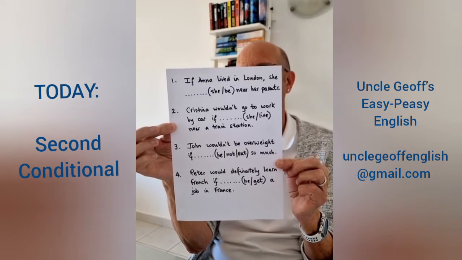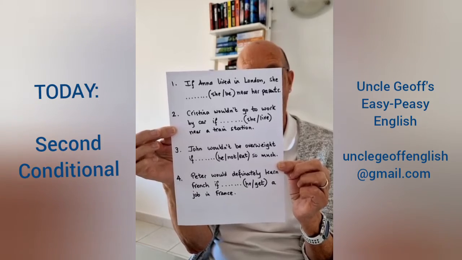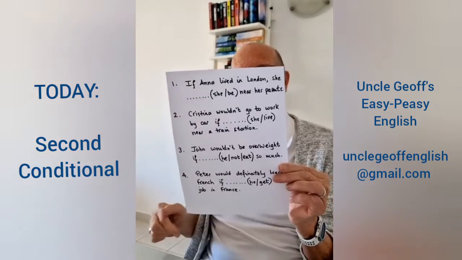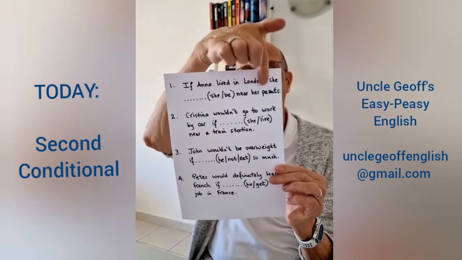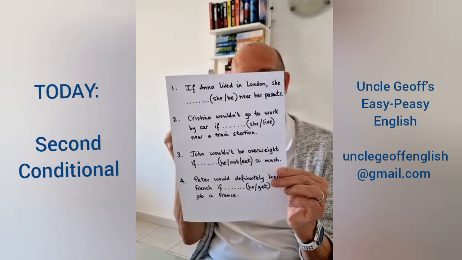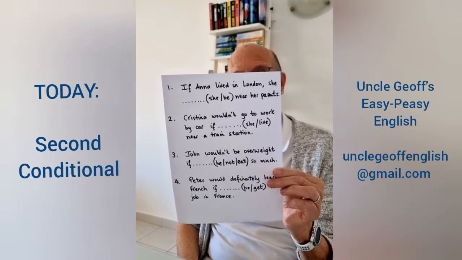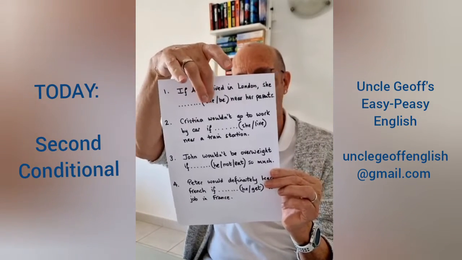So number one, if Anna lived in London, she... What's the missing word? If Anna lived in London, she... near her parents, her mum and dad, parents. If Anna lived in London, she... near her parents. You've got to use this and this.